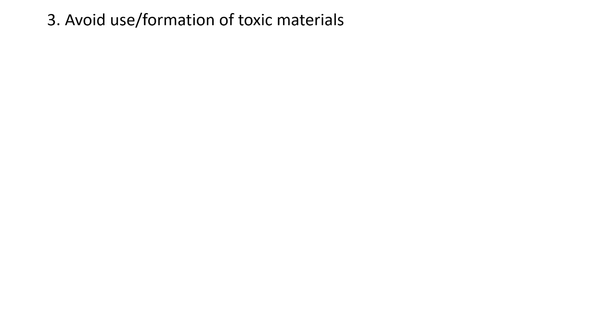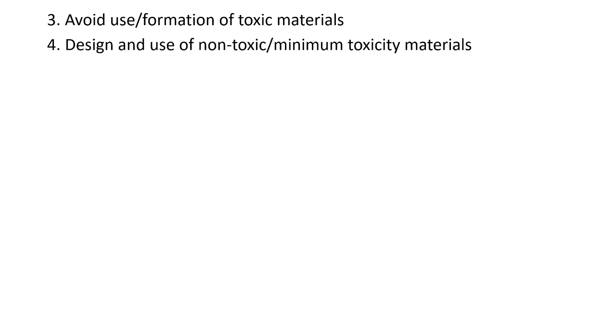Mostly toxic materials are not biodegradable, that is the problem. Like plastic, so here one can think about it, as far as possible avoid the use and formation of toxic materials. Then next is design and use of non-toxic material or the material with minimum toxicity.